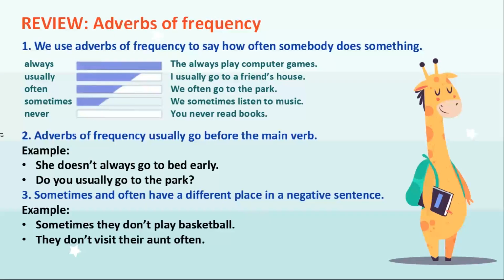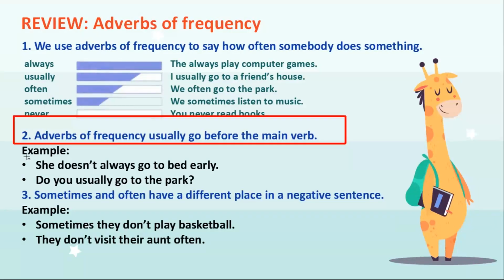Number two. So when you say adverbs of frequency, it usually goes before the main verb. So can you please read the example, Kim? She doesn't always go to bed early. Okay, so she doesn't always go to bed early. So what is the main verb?